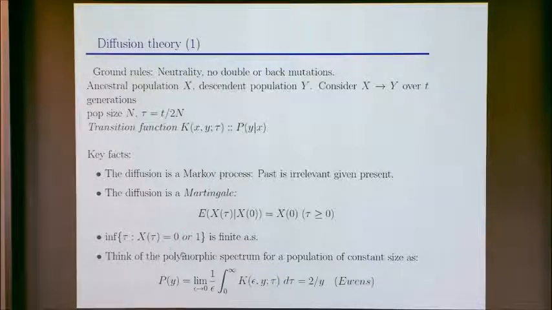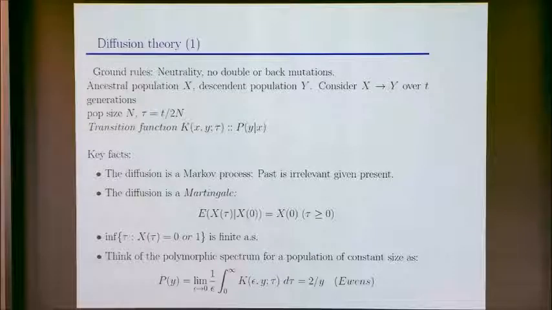And I also need repeatedly the classic polymorphic spectrum for a population of constant size, where the way you think about this is I'm looking now, and back in time, some mutations are occurring at a very small rate per small time.